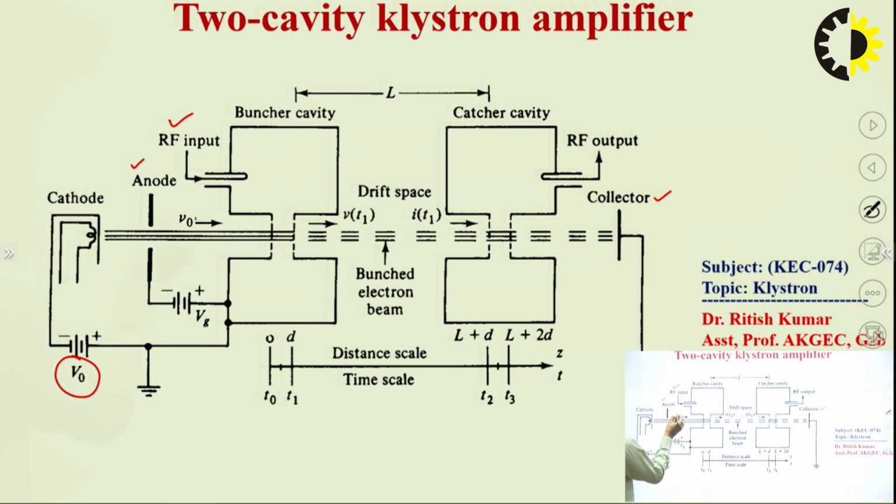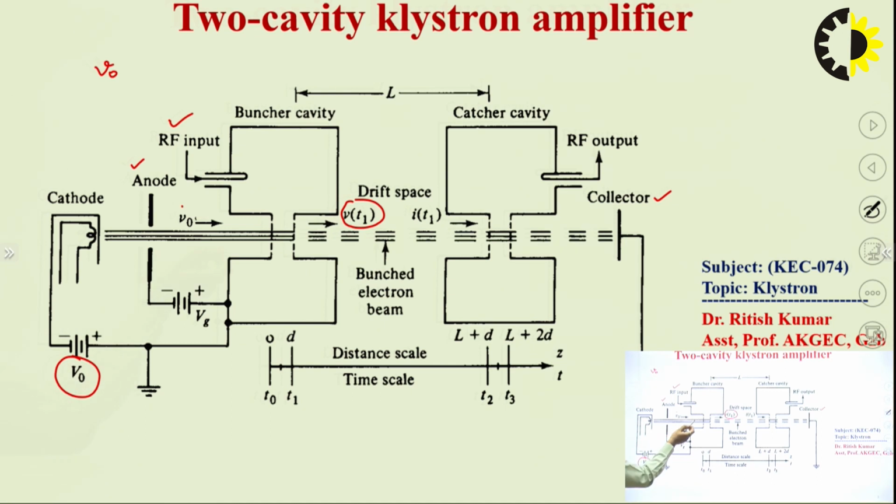Now you can see V0 is the velocity of the electrons and Vt1 is the velocity of the electron after passing through the buncher cavity, after leaving the cavity.